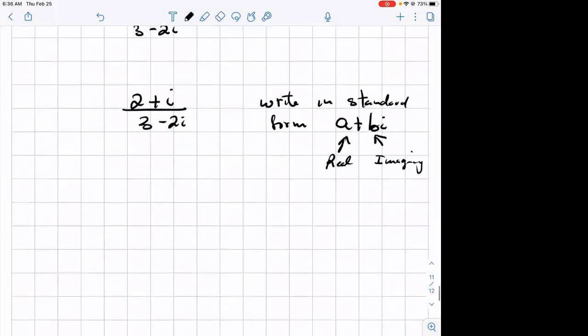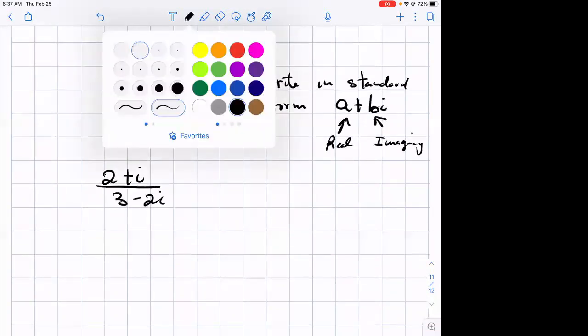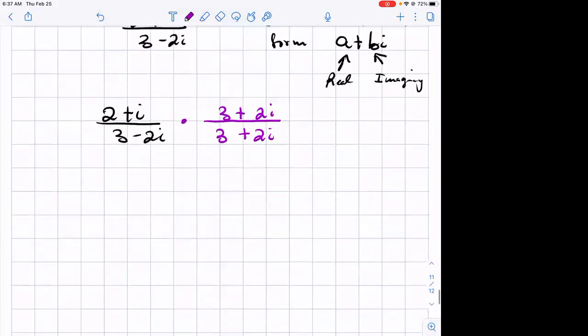To do this, we will multiply by its conjugate, which is 3 plus 2i, because there is no way you can split that and write the i separate from the real part.